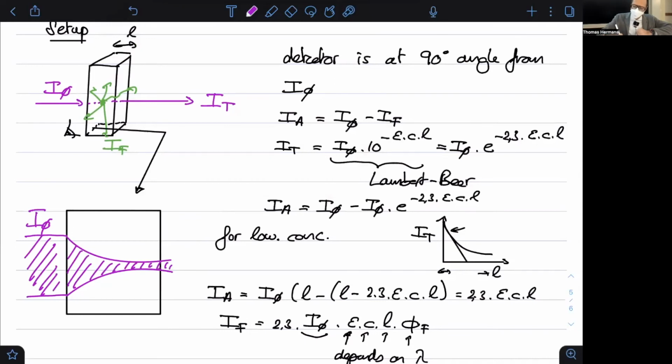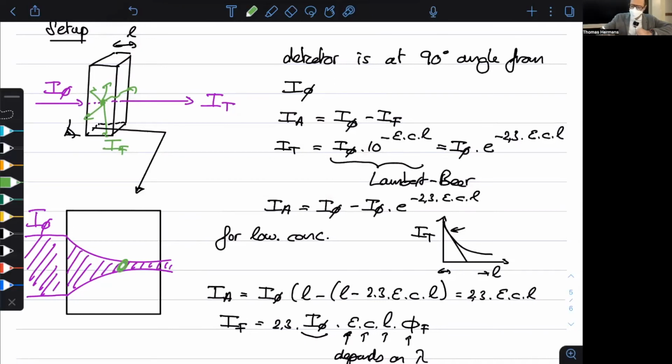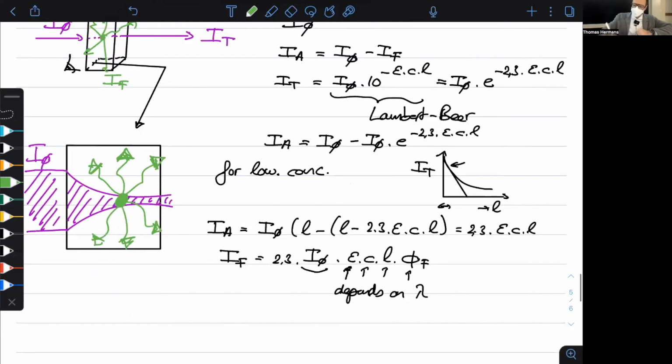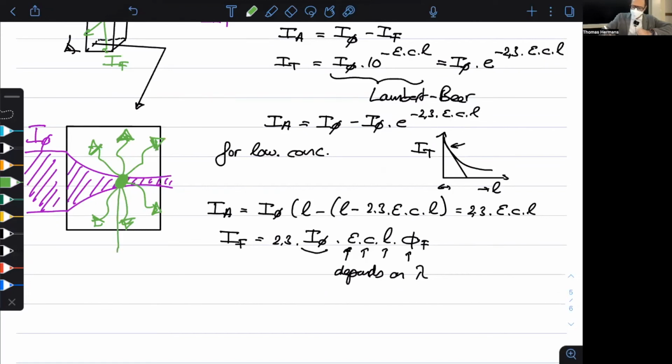And then I have my fluorescent molecules here that are emitting in all directions. Okay, so the detector is typically in the center, like I said before. So actually the fluorescence intensity you measure is underestimated, right?